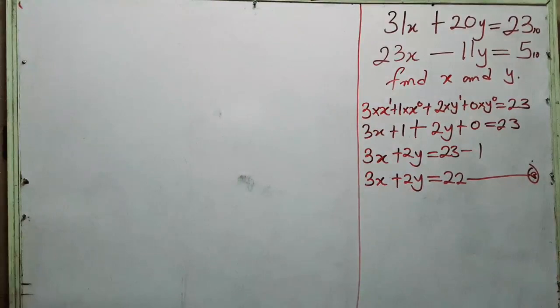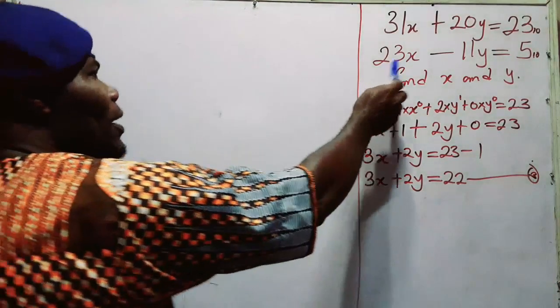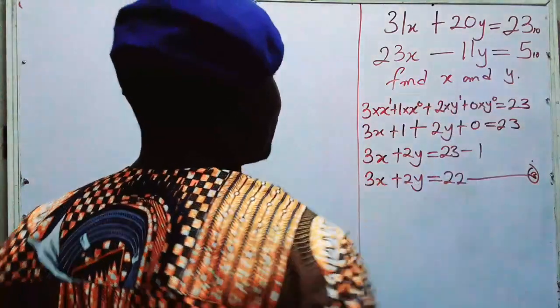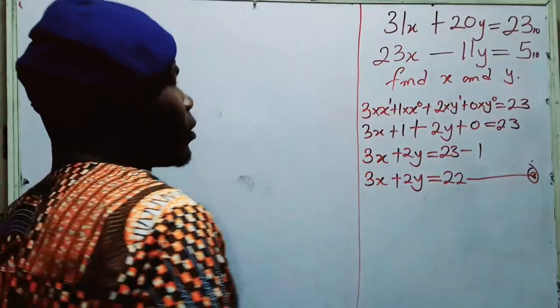Now we continue again to convert the second equation to base 10. It's only the 5 that is already in base 10. So let's convert 23 base x minus 11 base y is equal to 5 base 10.